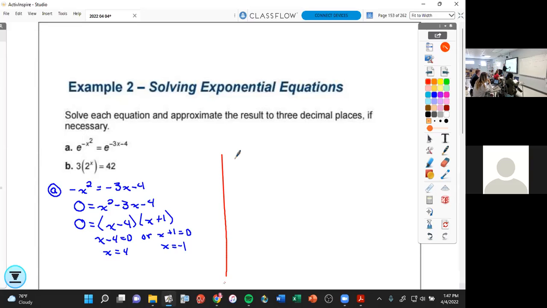Part B. Any thoughts on what you might want to do first to solve part B? Absolutely. Divide both sides by 3. Left side becomes 2 to the x power. Right side becomes 14.